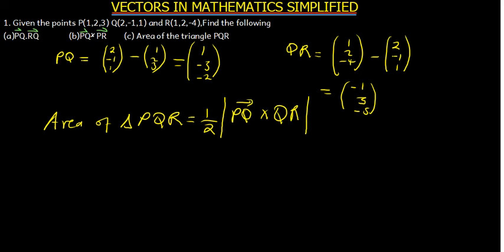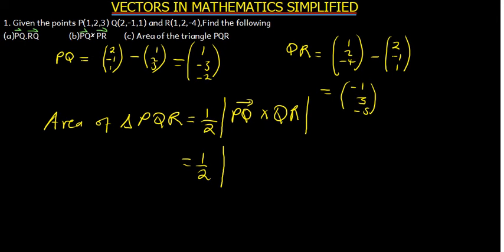That is what we are going to do. And so this is going to be half the modulus. Now we want to perform the cross product of these two vectors.